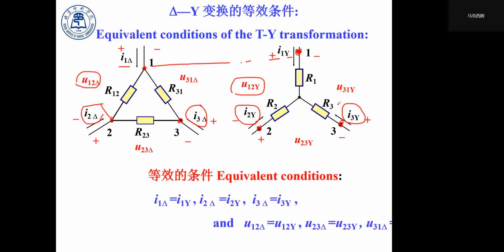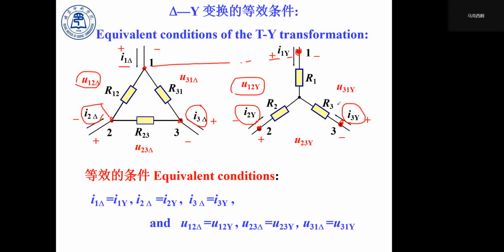So these are the equivalent conditions: I1 delta equals I1Y, I2 delta equals I2Y, I3 delta equals I3Y, and the voltage between terminal 1 and 2 in the delta shape equals the voltage between terminal 1 and 2 in the Y-shaped network. So on and so forth, we have these conditions.